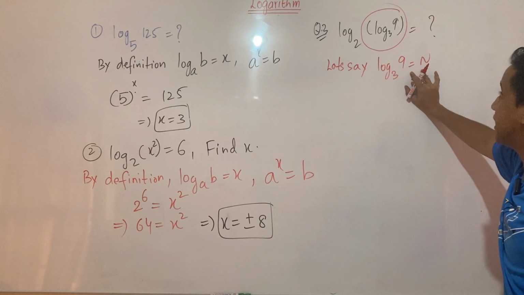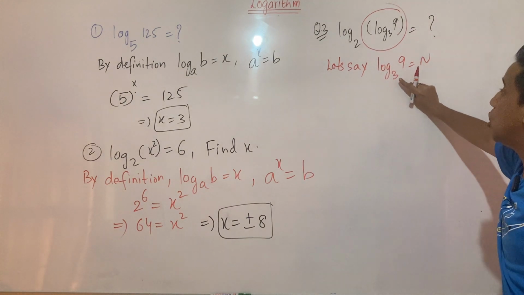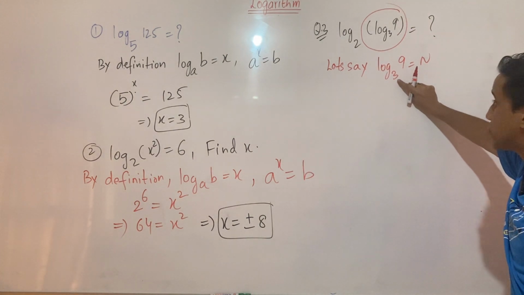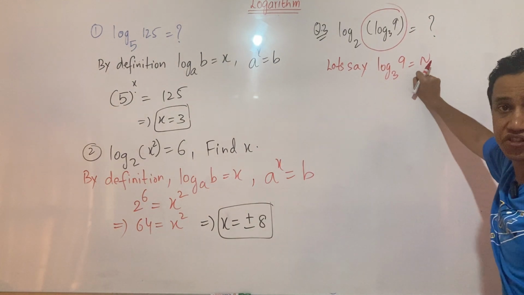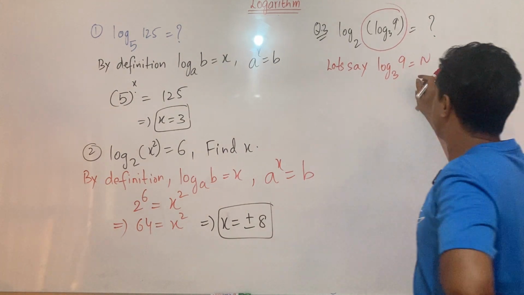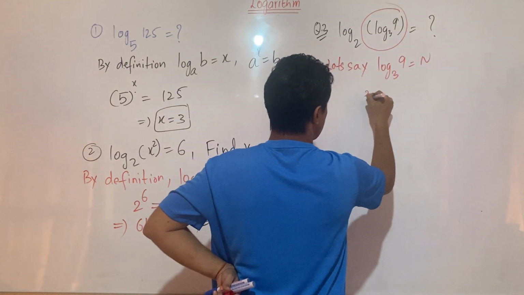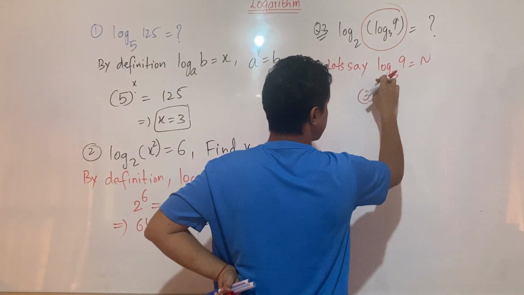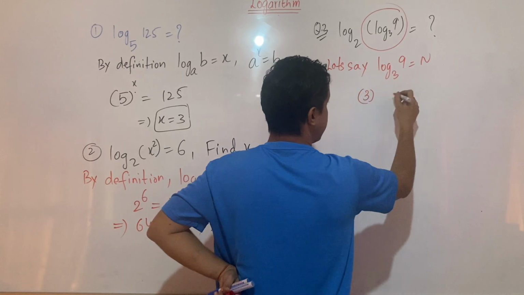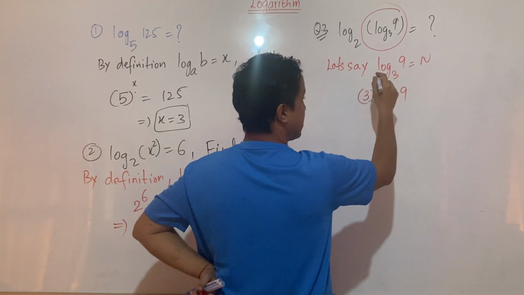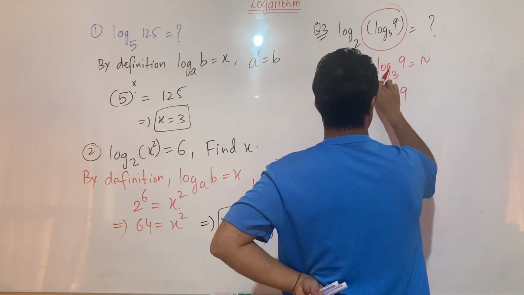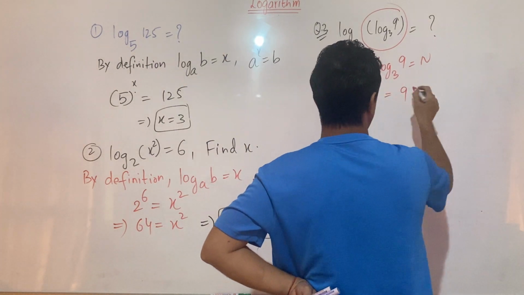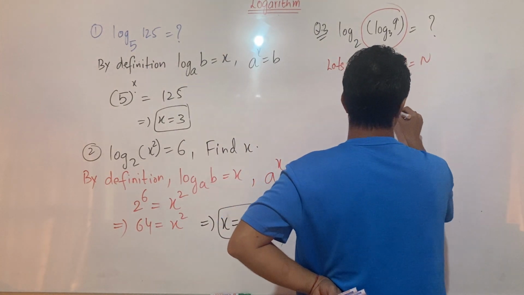It means that to what exponent this 3 must be raised to get 9 as your answer. It's going to be 2, so n is going to be 2.